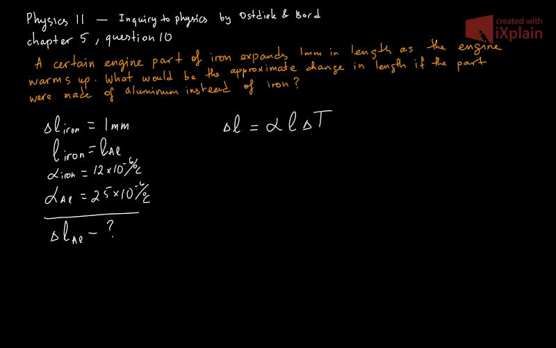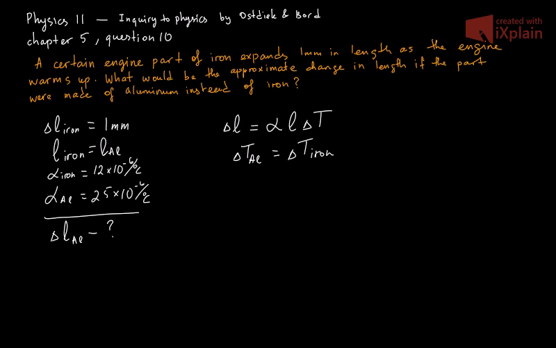As you can see, we don't have any temperature change in here. But we know one thing, that the temperature change in both cases is the same, whether it's iron or aluminum. We're interested in the change when the temperature changes by the same amount. So delta T for aluminum and delta T for iron should equal each other.